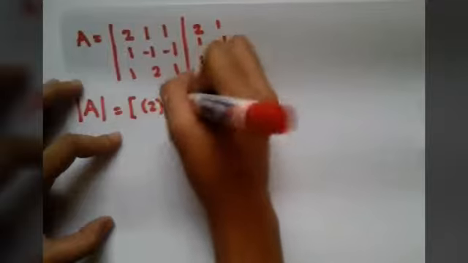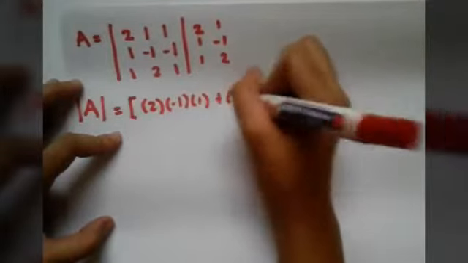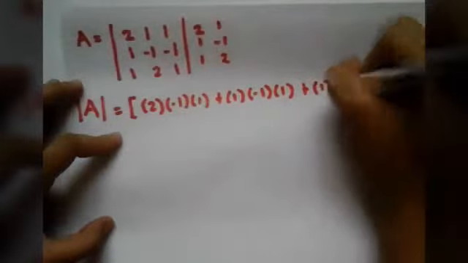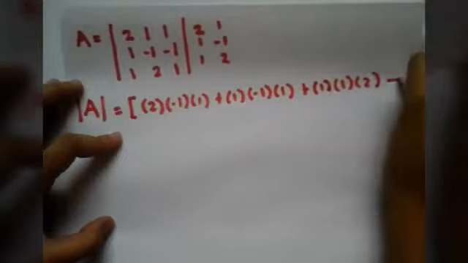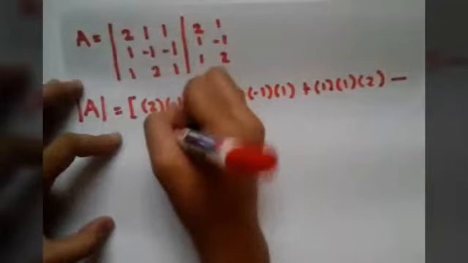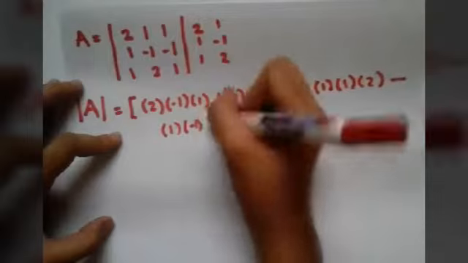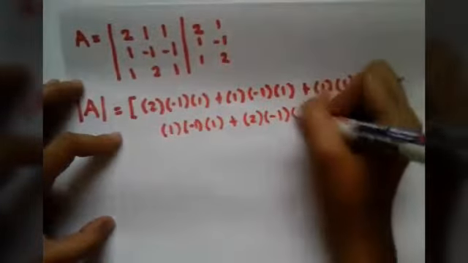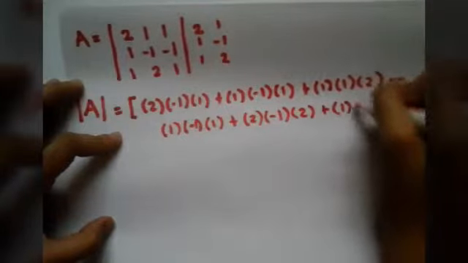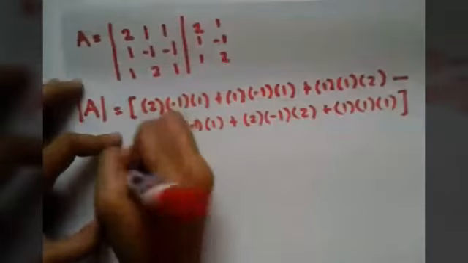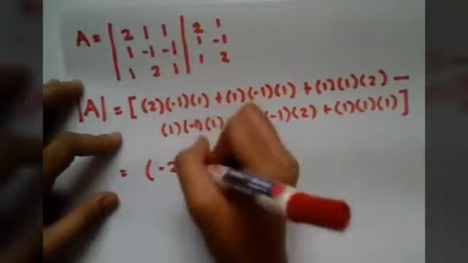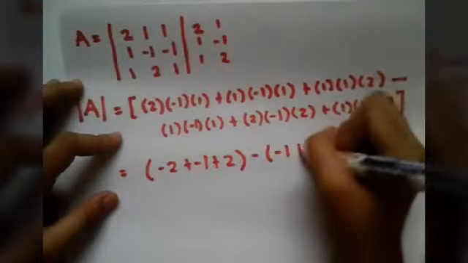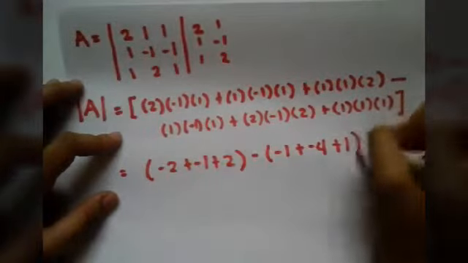So, diagonal multiplication. First, 2 times negative 1 times 1 plus 1 times negative 1 times 1 plus 1 times 1 times 2, minus, next, 1 times negative 1 times 1 plus 2 times negative 1 times 2 plus 1 times 1 times 1 is equal to negative 2 plus negative 1 plus 2, minus negative 1 plus negative 4 plus 1.